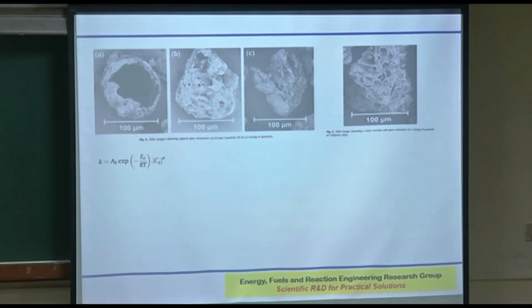It's still staying there. So beyond 50% char conversion, there is no point trying to extract the kinetics, because it will be a fruitless exercise. It will not be representative of the carbon-CO2 reaction or the carbon-steam reaction, because carbon is little and very much is ash. So am I making sense?